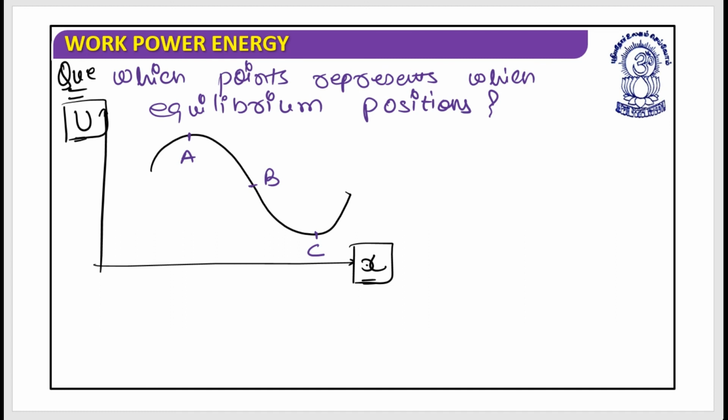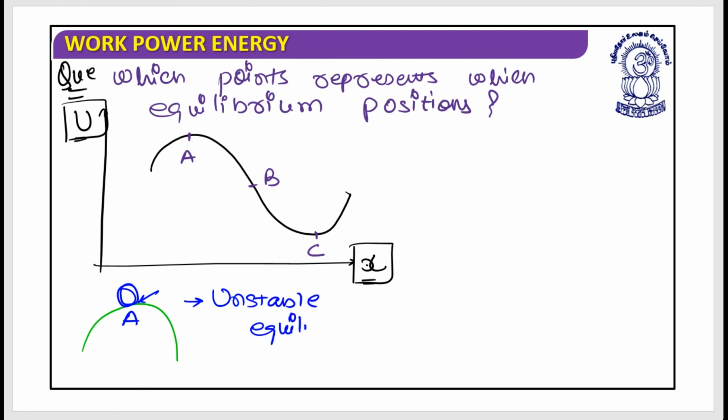So when u versus x is given, you need to take a snapshot. It is something like this, and put an object over here. Just try to displace it and check whether the object will come back to its initial position on its own. My answer would be no. So A is the position of unstable equilibrium.